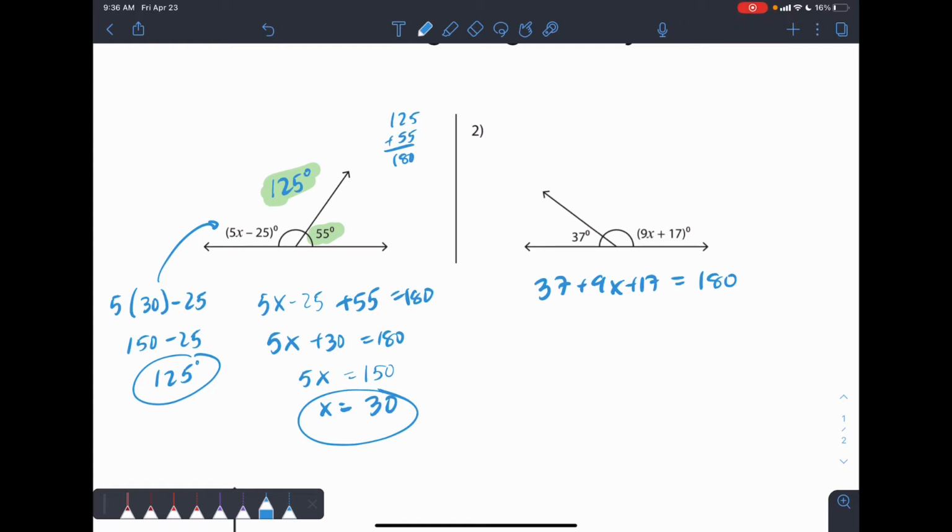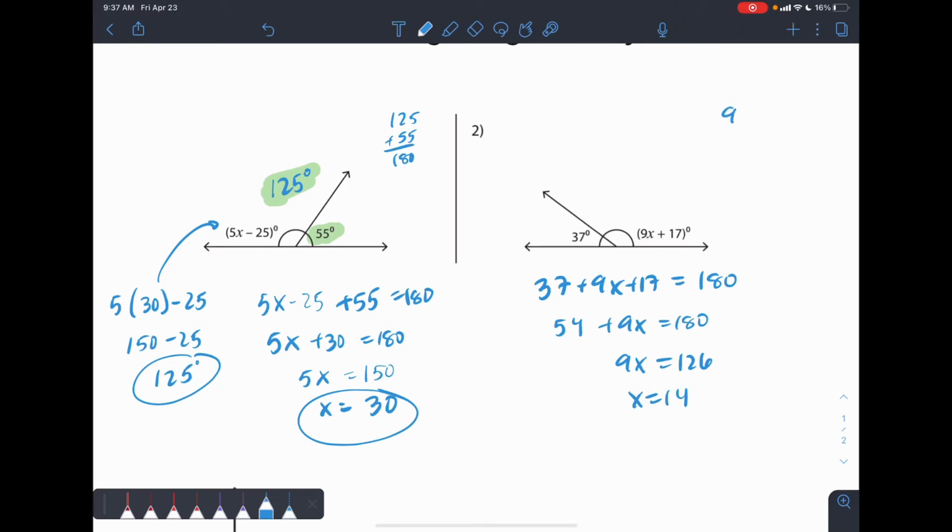I'm going to add these two together. 37 plus 17 is 54. 54 plus 9x is 180. Subtract 54 from both sides. It's 126. So 9x is 126 divided by 9. X is equal to 14. I then substitute 14 back in.